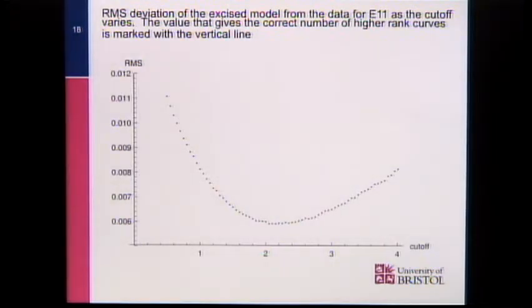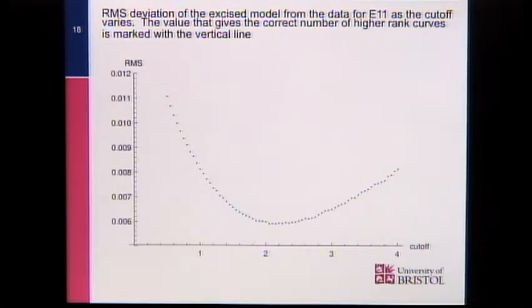The next interesting thing is that I have drawn a dotted line here, and it looks as though I've drawn it at the minimum of the curve. Happily, it is pretty much the minimum, but that's not why I drew it there.